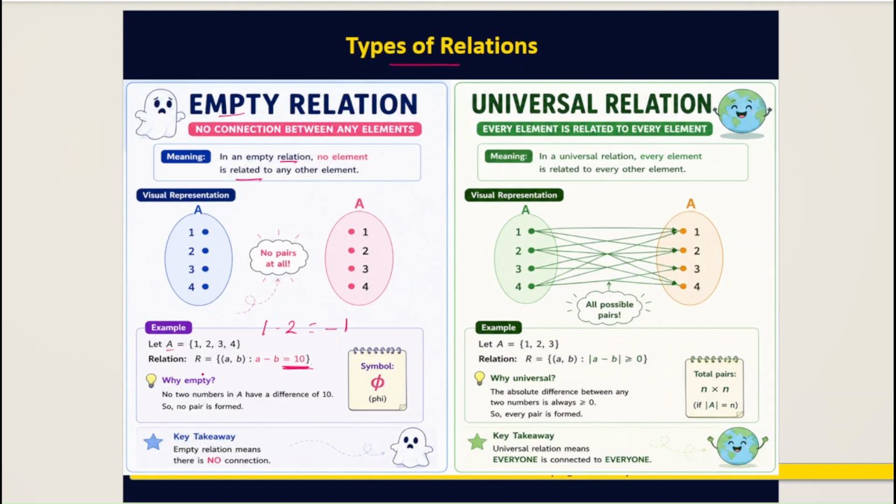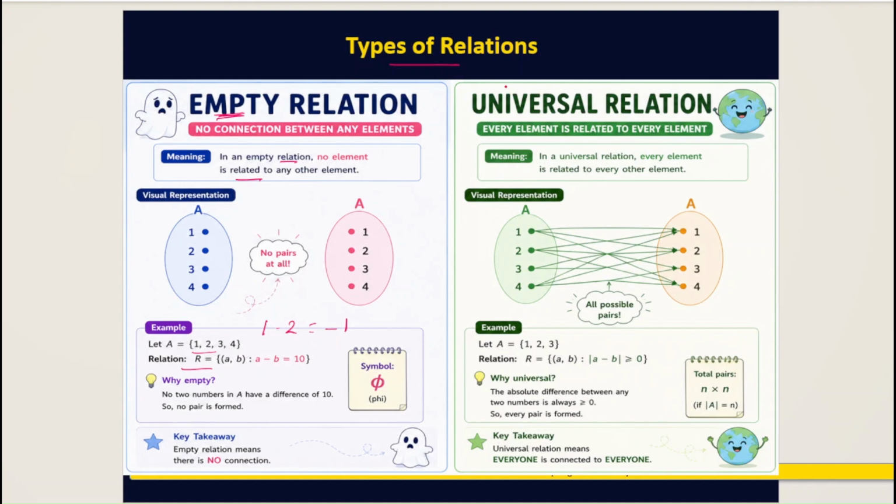So the relation is not related to the set. No two numbers in A have a difference of 10, so no pair is formed. Such a type of relation is known as an empty relation, right? Whatever relation is coming, it does not contain elements in the set A. So such types of relations are known as empty relation. Kindly understand the meaning of empty relation, right?